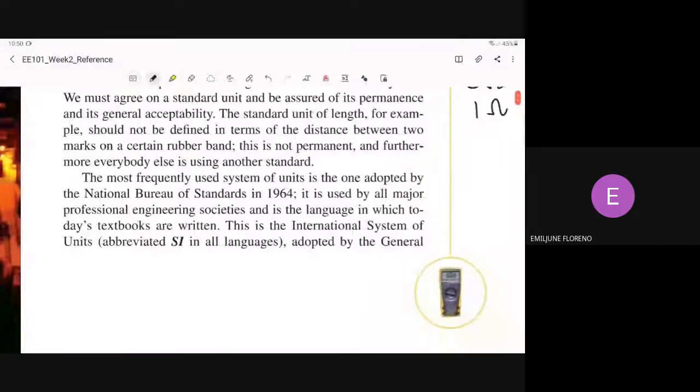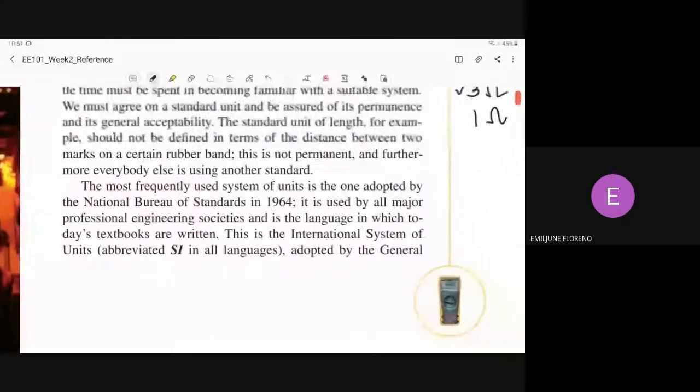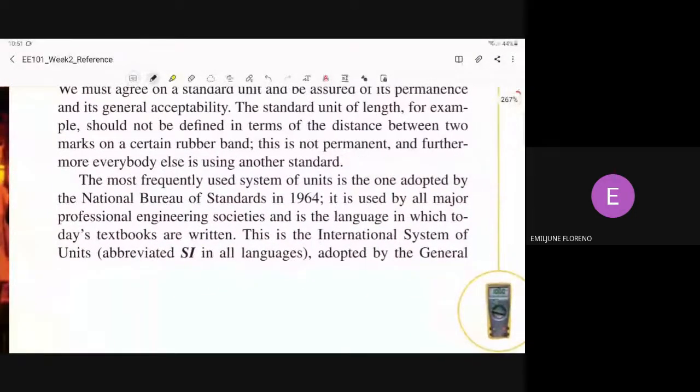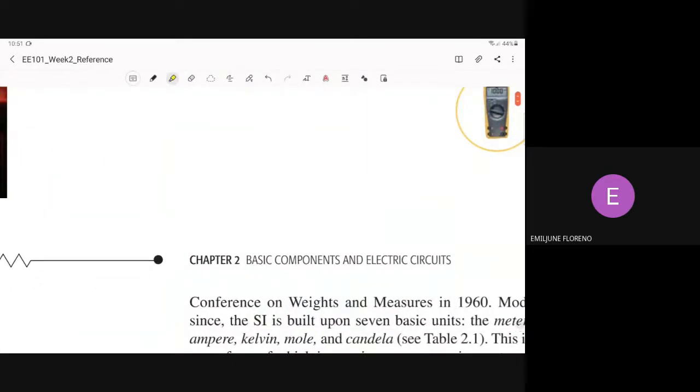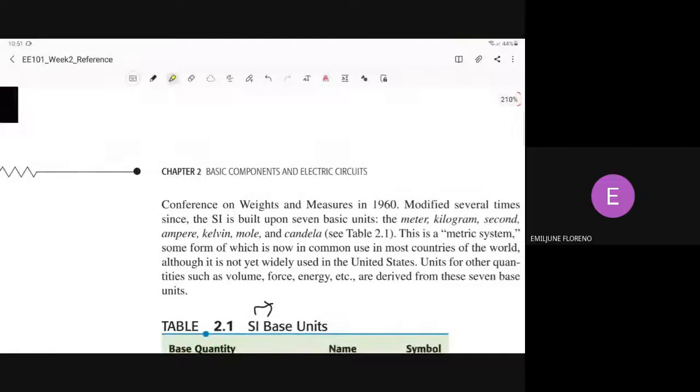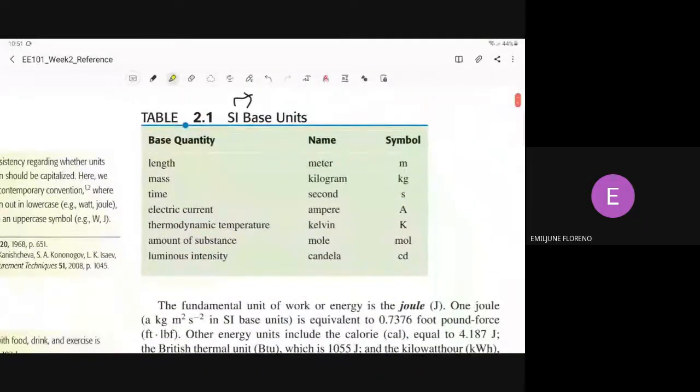So basically, in describing our lessons, we use the SI unit or the International System of Units for the parameters that we will be discussing. But then again, SI unit is not the only one existing.